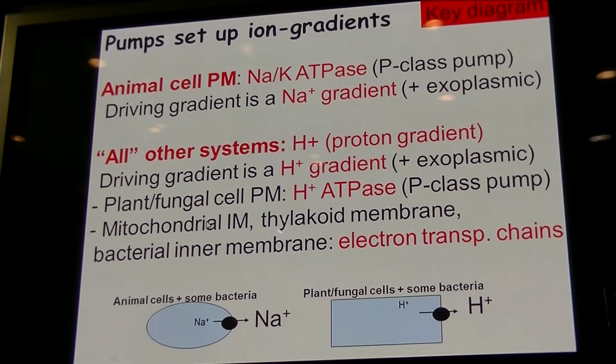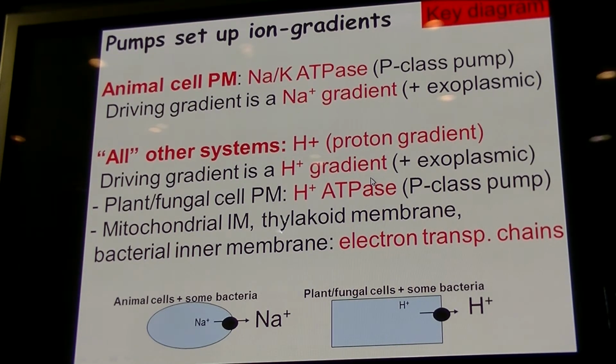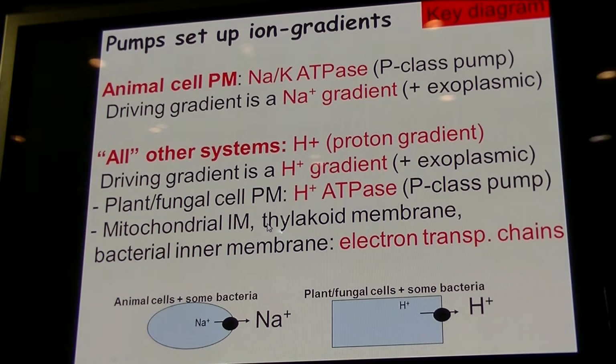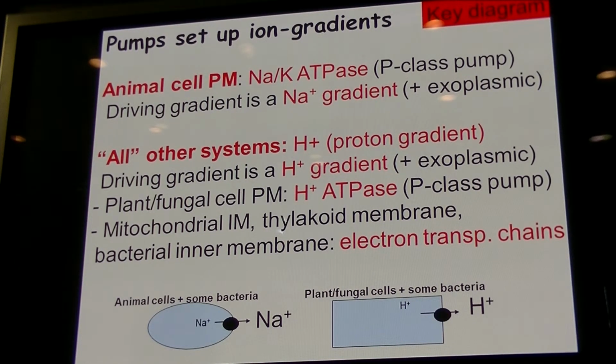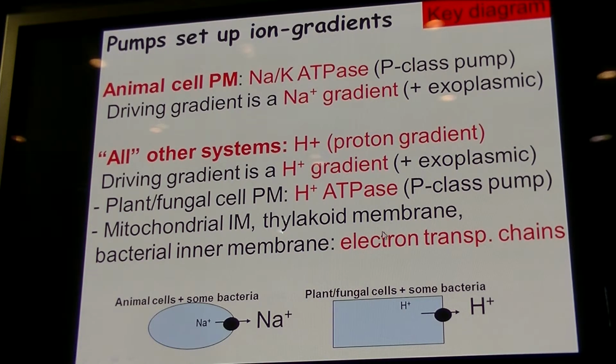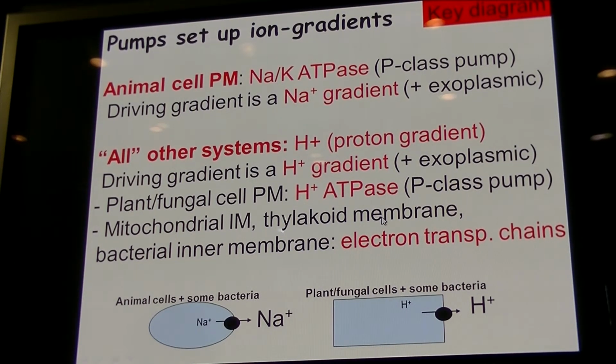And in the case of mitochondria and chloroplast thylakoids, the driving gradient is formed by an electron transport chain, which in the mitochondrion is driven by the conversion of larger molecules to smaller molecules, and in the thylakoid membrane is driven by light.